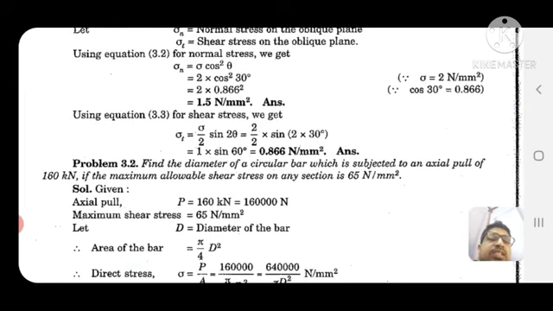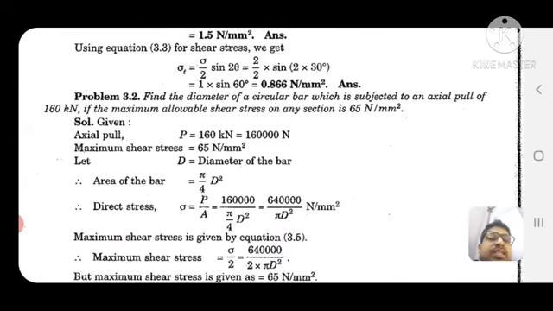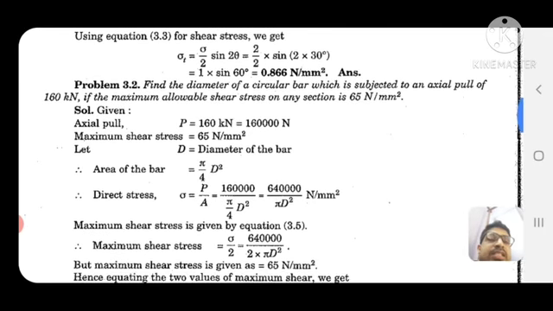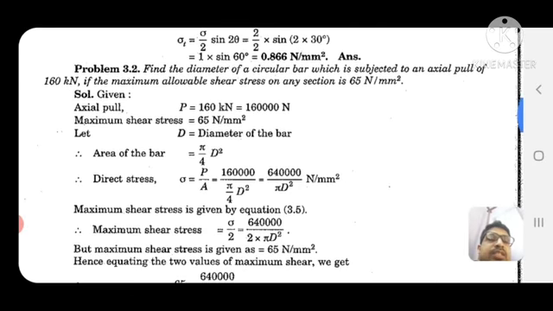So normal stress sigma n is equal to sigma cos square theta, 2 into cos square 30 degree, 2 into 0.866 square, 1.5 Newton per millimeter square. Shear stress, we get sigma t is equal to sigma by 2 sin 2 theta, 2 by 2 into sin 2 into 30 degree. So that is equal to sin 60 degree, that is equal to 0.866 Newton per millimeter square.